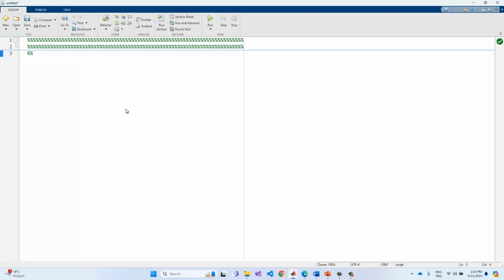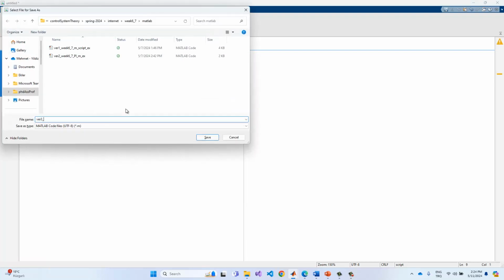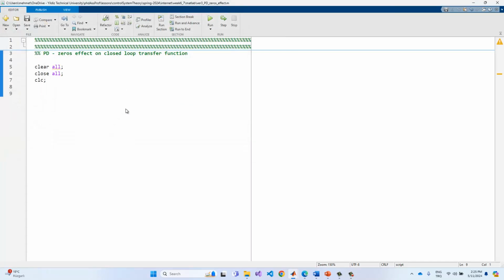So as always we do PD zeros effect on closed loop transfer function. Okay, and always we need to add the clear all, close all, CLC. Okay, where 3 PD zeros effect. These are the name for the code.